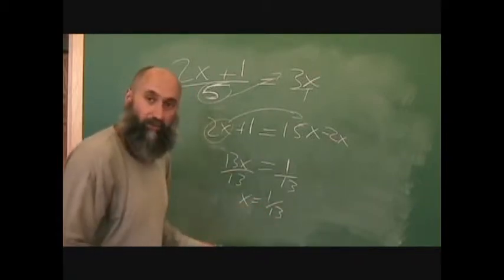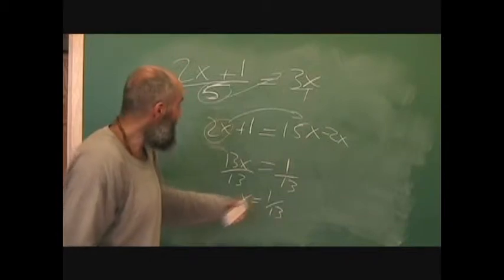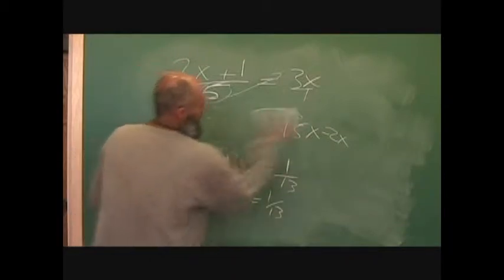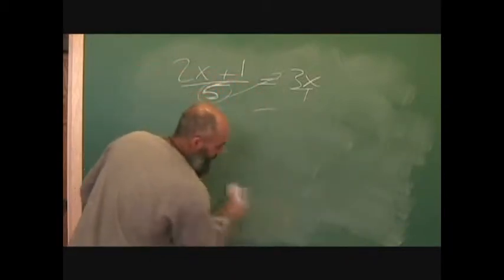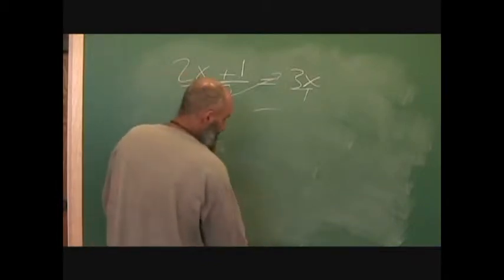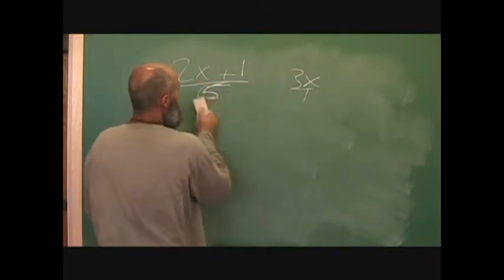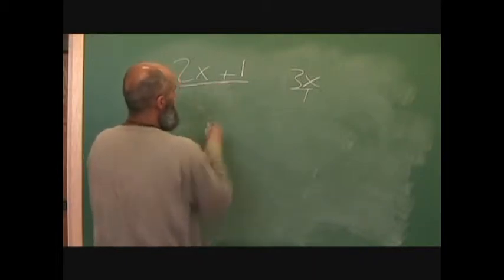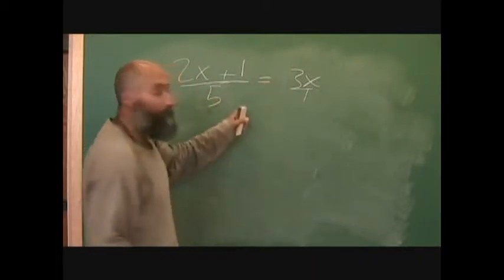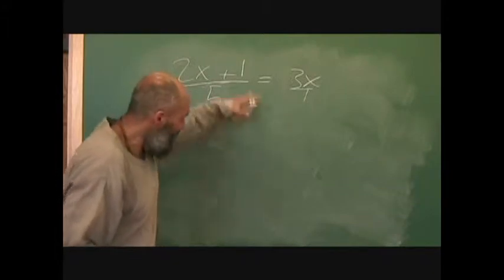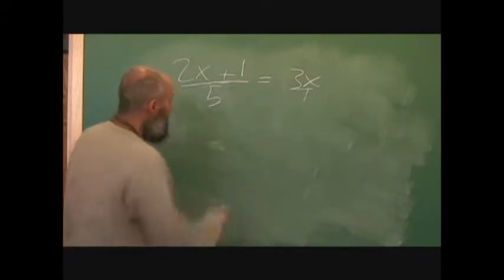If they asked you to check this solution, what you would do is, let's erase this part. So x is equal to 1 over 13, that's our solution. And if they asked you to check this equation, you would go back to the original, or after you've done the work, so the work would be here, and then below here, you would go check.